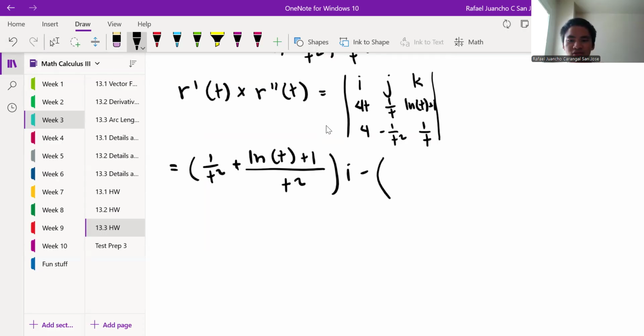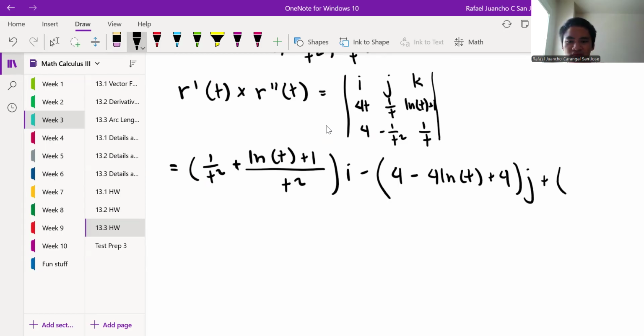Now I take out my j. I get 4t times 1 over t, so I get 4, right? If I multiply, I can cancel the t's, I get a 4. So it's actually just 4 minus this thing. So 4 times this thing plus 4. Yeah, so that's my j. Then for my k, hope it's not long.